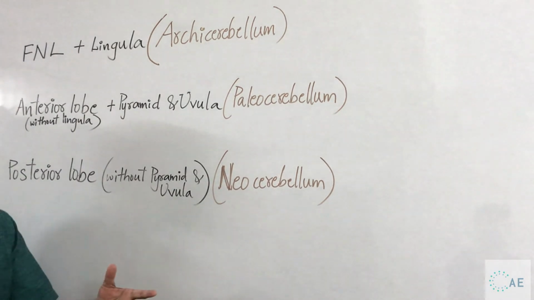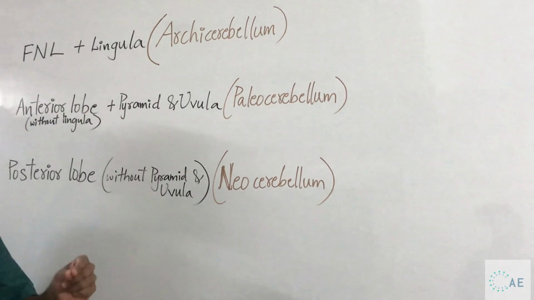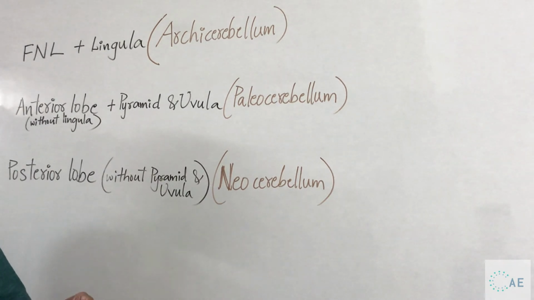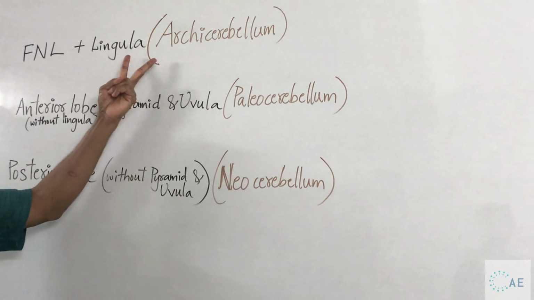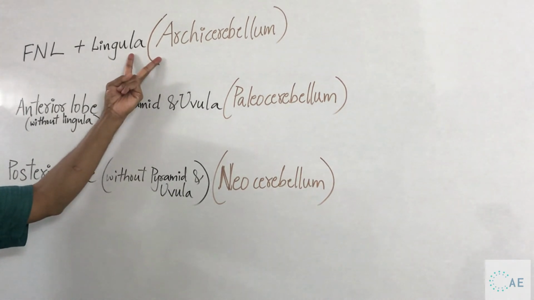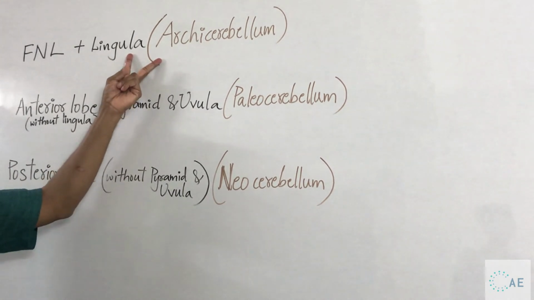When I say vestibular system, it is the vestibular nuclei of the brainstem, and it also has got afferent information which is coming from the primary vestibular organ of the inner ear.